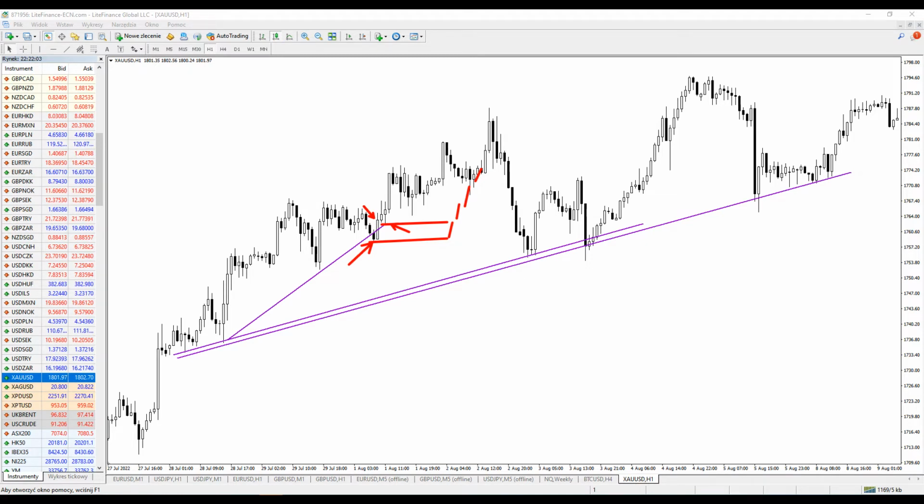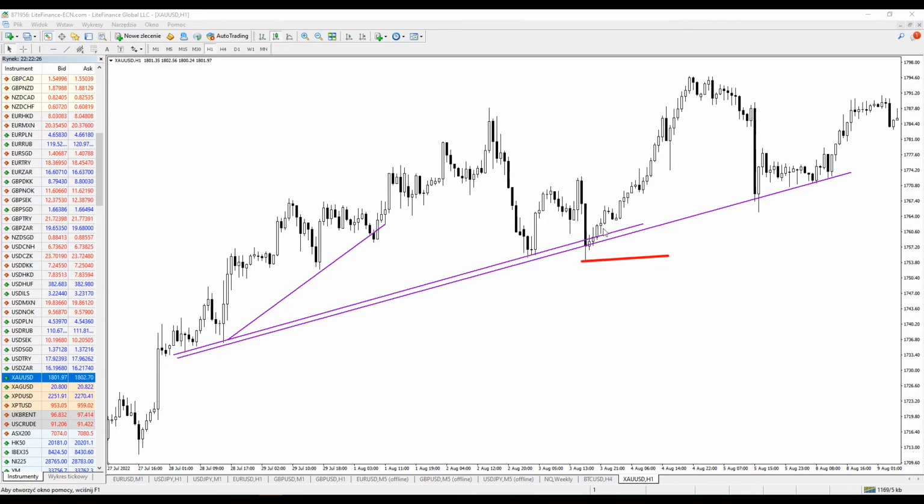Another trend line. Attempt to break. Move higher. Boom, all right? Strong move to the upside. What would be the entry? What would be the stop? Stop below this level.